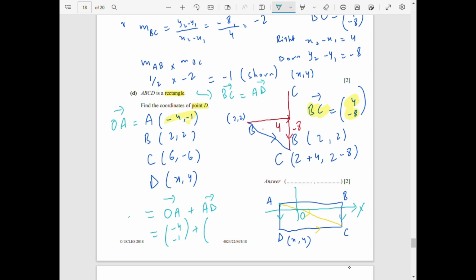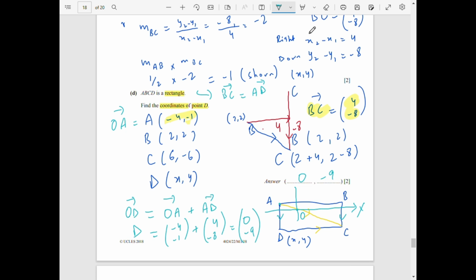So I substitute BC's column vector in place of AD, and I finally get my answer, 0 and -9. So that should be D, or you can also call it OD. So OD or D simply is going to be this, and in the form of coordinates, as the question asked you for the answer in the form of coordinates, so you should always give it in the form of coordinates, and that should be 0 comma -9. That was it for this particular part.